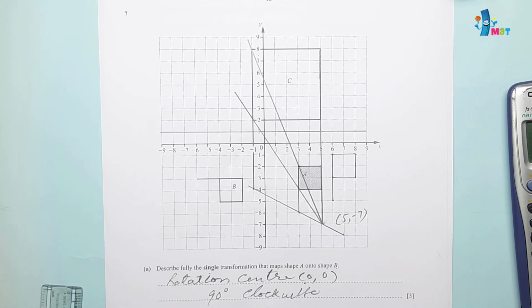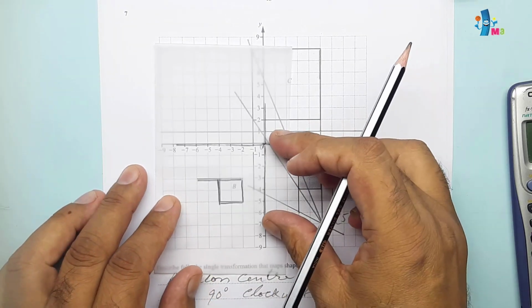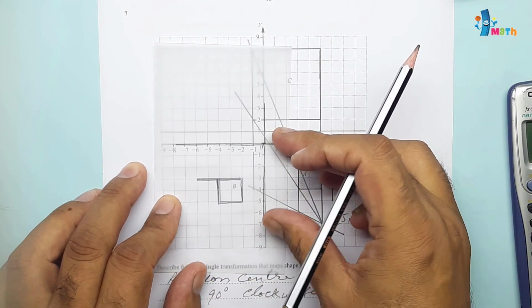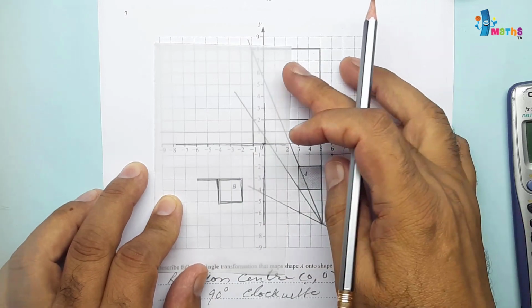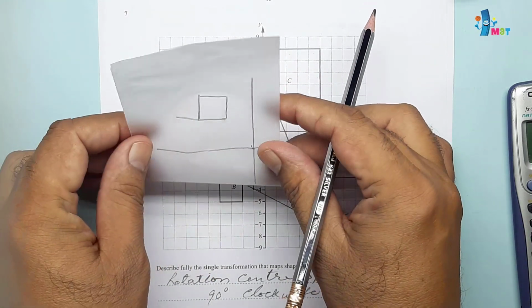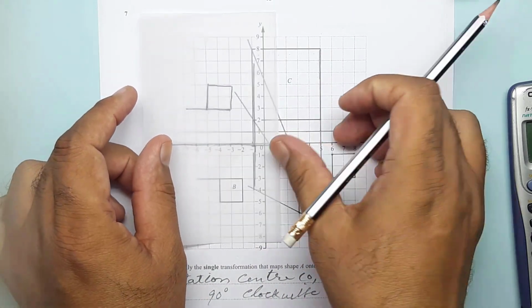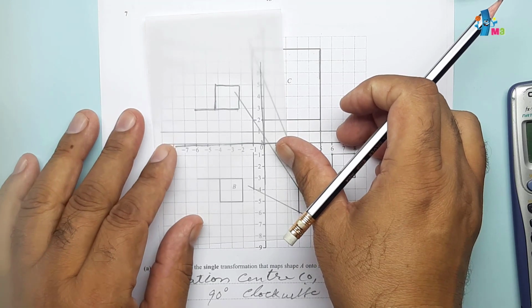So for reflection, what we can do, we can use this one like over here, right? So this is already drawn, and for reflection we will be inverting this like this one. So we will place over here, coordinate axis is this one.